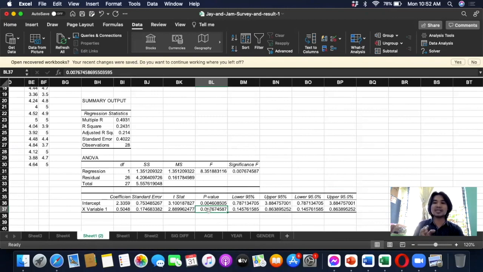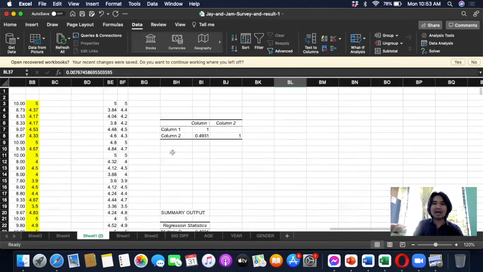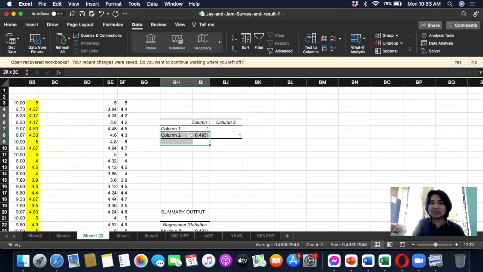Therefore, there is a significant relationship between the independent and dependent variable, which is 0.49, which will be described as a moderately strong correlation.